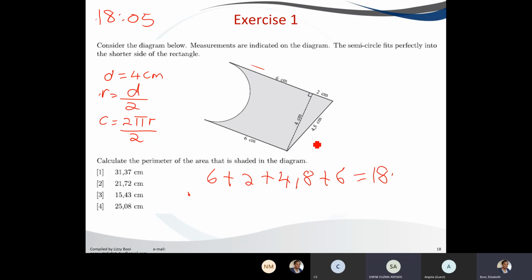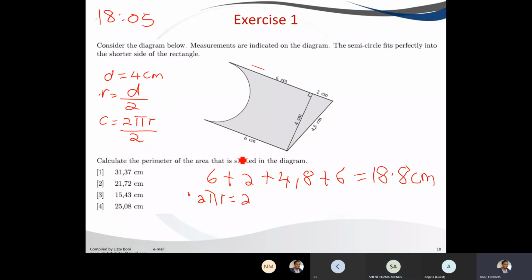And then I took 2 multiplied by pi multiplied by 2. And then that gave me 12.5663.